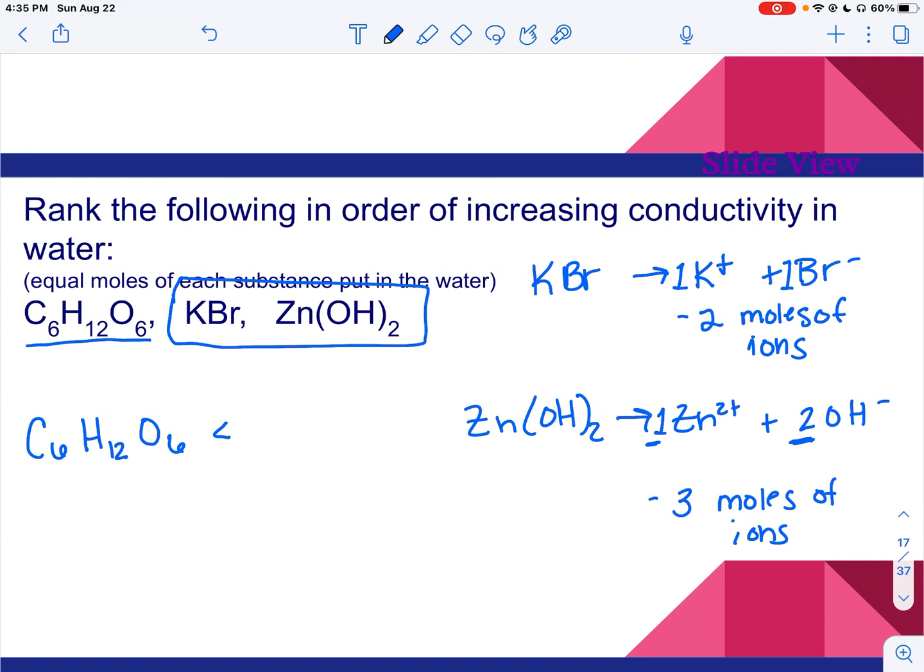So zinc hydroxide is going to be more conductive because it has 3 moles of ions. The more moles of ions, the more electricity it will conduct. So we're going to put KBr in the middle, and then the strongest one is going to be zinc hydroxide.